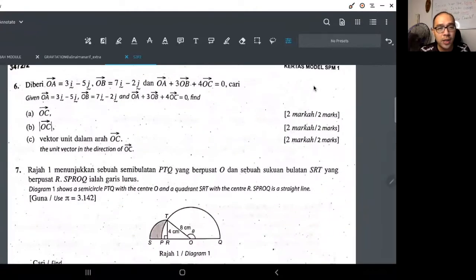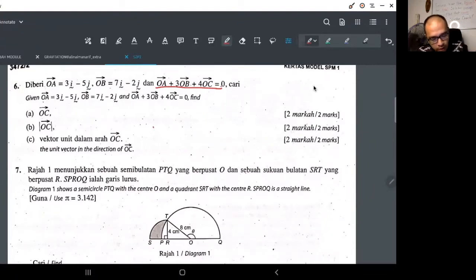Okay, OA, OB, OA plus 3OB has 4OC equals to 0. We can find OC very easily lah. We just substitute everything into here. I'm going to do everything in matrix form, so it's easier for me to do.